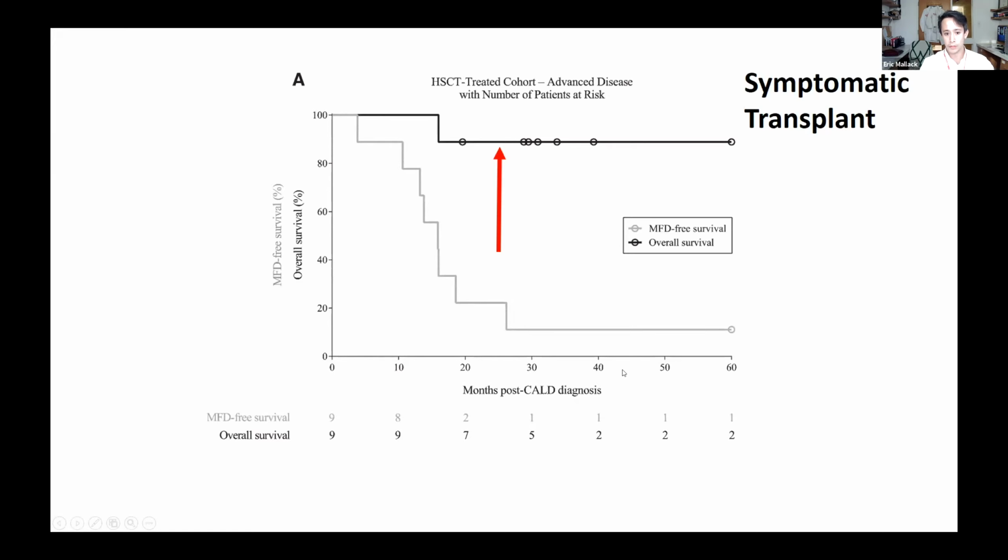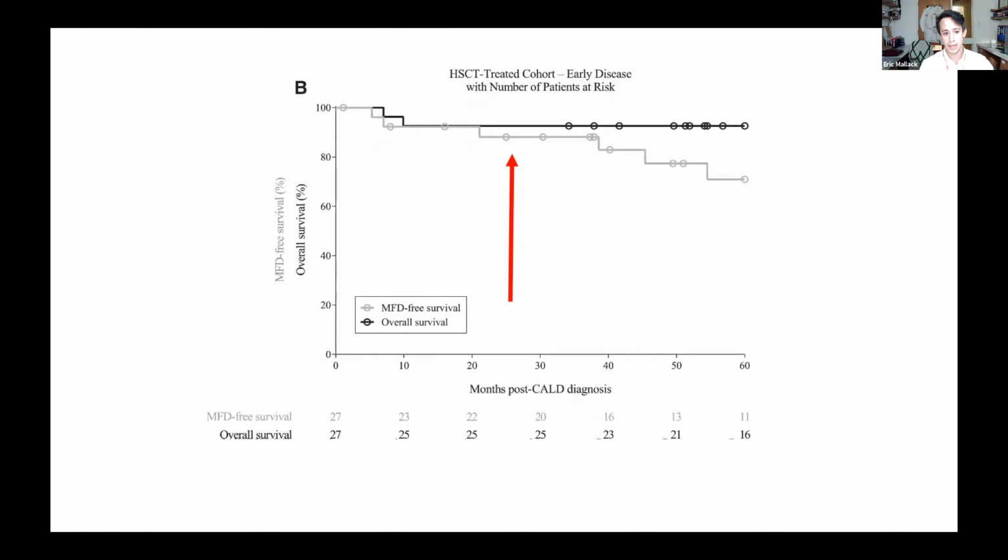We have also learned that we can move this curve up and get to good survivorship and good freedom from major functional disabilities if we're able to capture patients and treat them prior to the onset of symptoms.